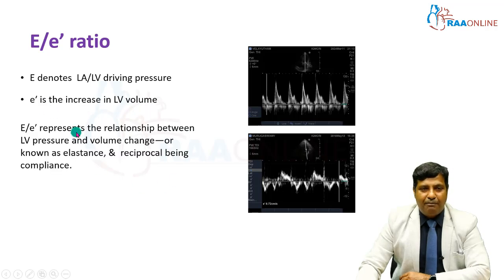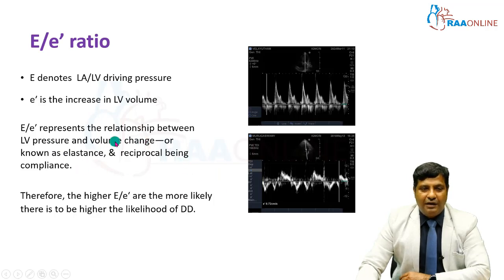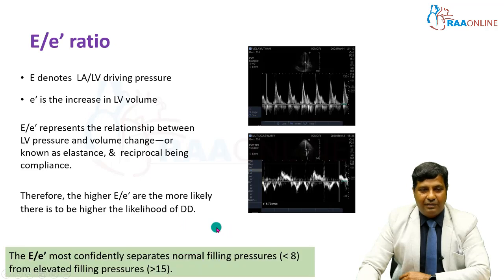So E by E prime represents the relationship between the LV pressure and volume change, meaning elastance, pressure over volume, and the reciprocal is compliance. So if the E by E prime value is higher, that means the compliance is less and the likelihood of diastolic dysfunction is very high. This is the concept of utilizing the E prime as well as the E by E prime ratio.